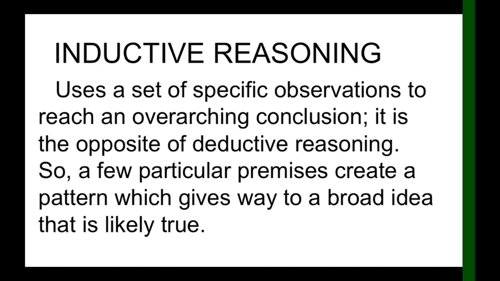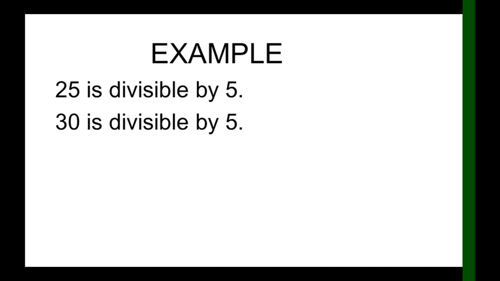That is likely true. So for instance, 25 is divisible by 5 and 30 is divisible by 5. Looking at the given, 30 and 25 are both divisible by 5.